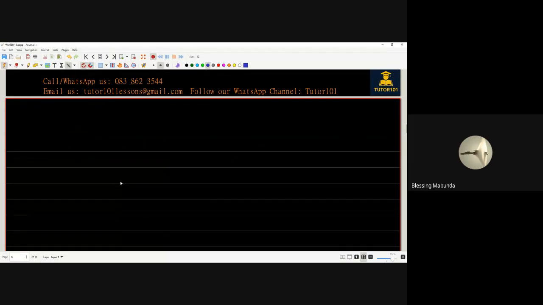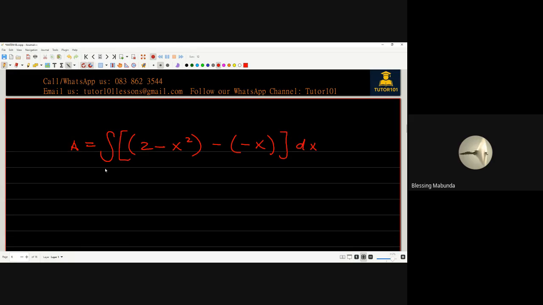So that means that the area of the region bounded by the two curves is going to be the integral of 2 minus x squared minus x, dx, from minus 1 to 2.